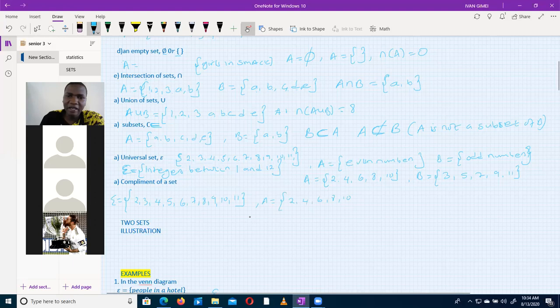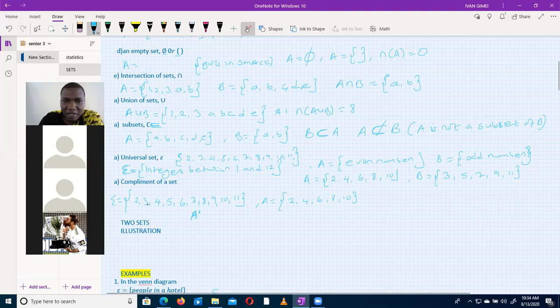They can ask you to find what are the elements in set A prime. These are elements that are not in set A, but they are in the universal set. So what are these elements?